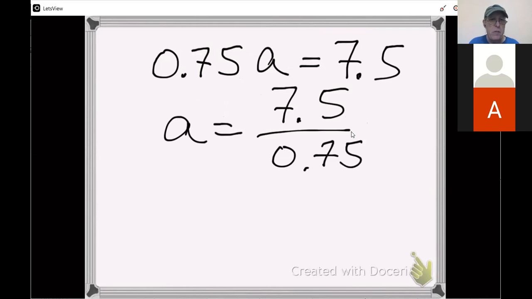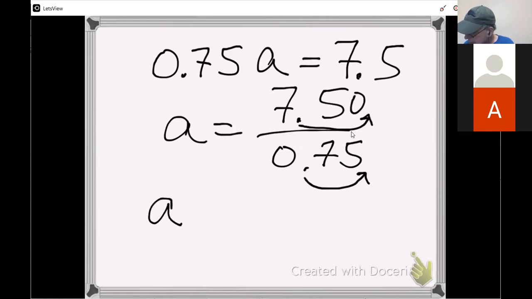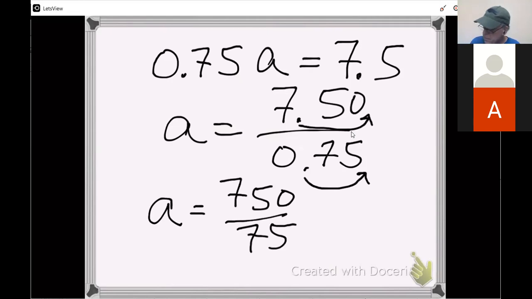And what is that equal to? Here's a way you can do this. Watch this. This is cool. I'm going to move this decimal point over 2 places, which means I can move this decimal point over 2 places, but I have to add a 0 to do that. So we get A is equal to 750 divided by 75. 10, exactly, 10.